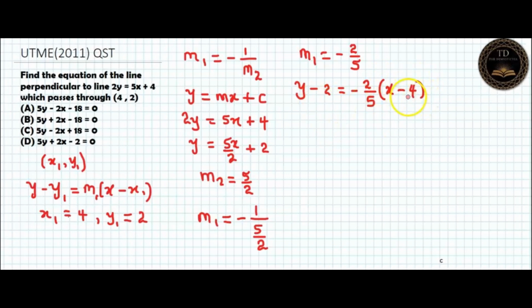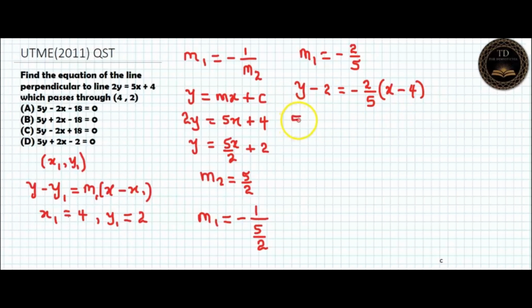Okay, so at this point, you see it doesn't look anything like what we have in the options, so we need to arrange it to look like what we have in the options. So we're just going to simplify this. So we have 5 as a denominator here, so to clear this denominator, we'll just multiply it through by 5.